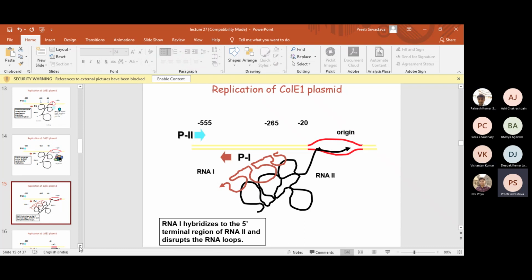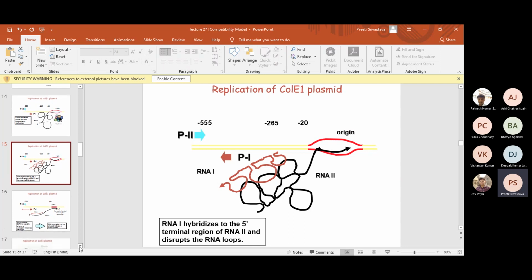Yes, ma'am. Now the cell has developed a mechanism to ensure this. This RNA1, which is 108 nucleotides in length, the pairing of RNA1 with RNA2 is successful only when the RNA2 is in the range of 100 to 360 nucleotides in length.